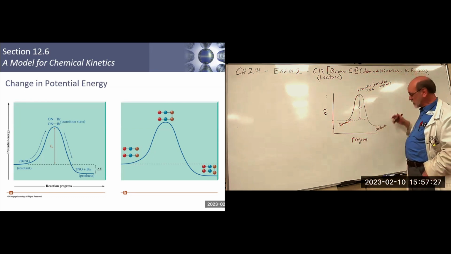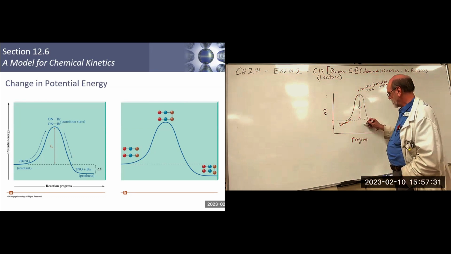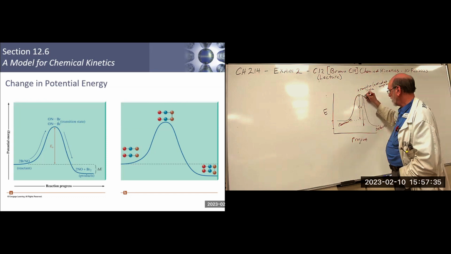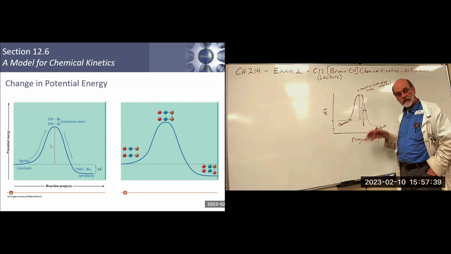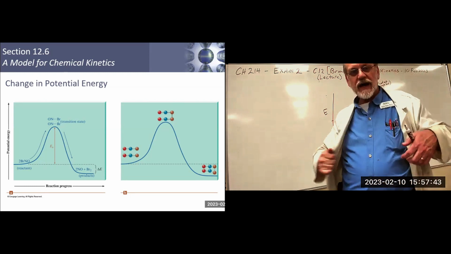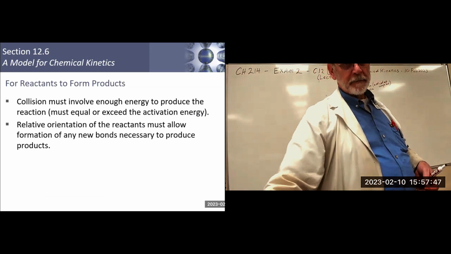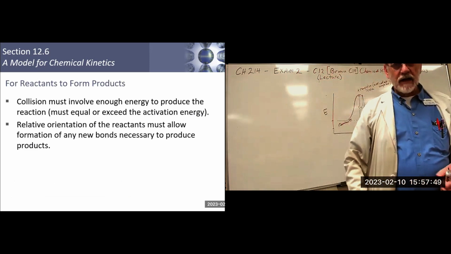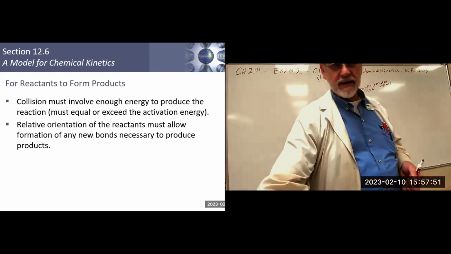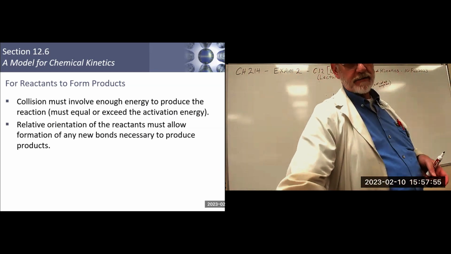If we were to go backwards, right, we'd need that much energy to go backwards. You need more energy to go the other direction. The endothermic reaction would be higher activation energy. Okay. This is just restating the collision model steps.